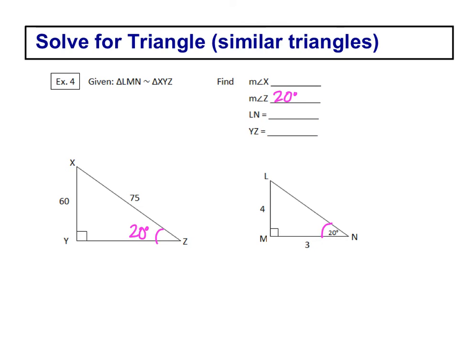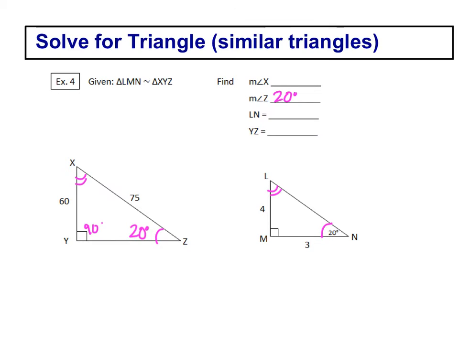All right, so angle X and angle L, see how L and X are the first letters? So those are congruent to each other. Do we have any way of figuring out what those angle measures are? Well, we do if we remember that this is 90 and this is 20 and all three angles should add up to 180.